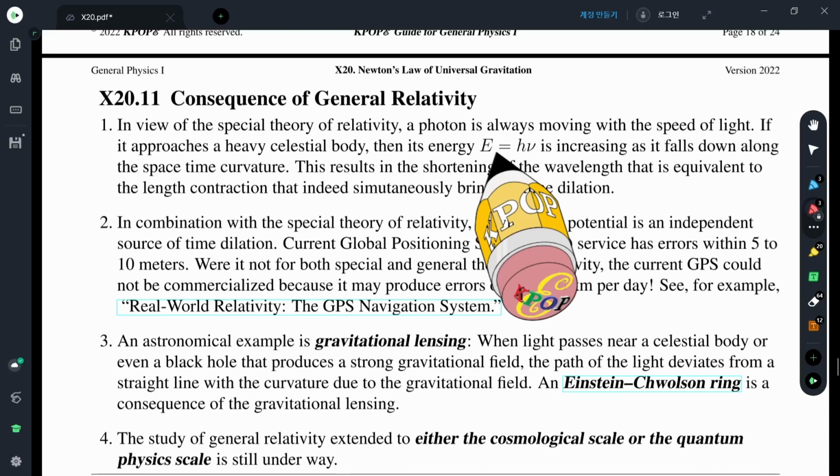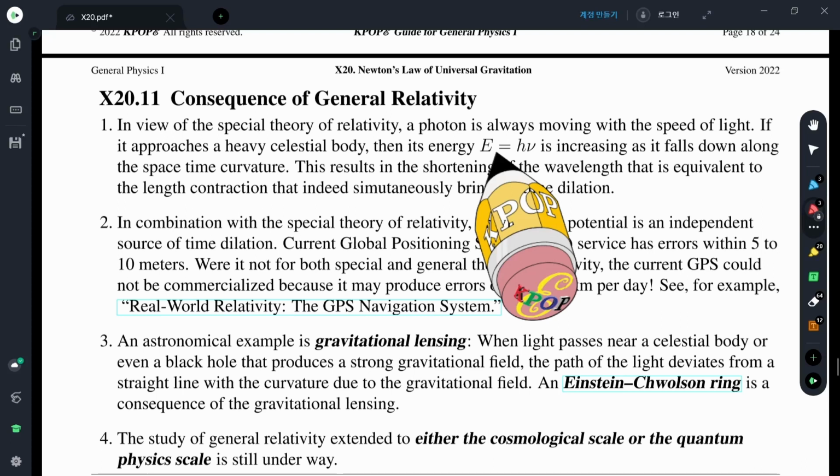Without understanding both special and general relativity, one cannot commercialize GPS, because every day the error accumulates to more than 10 kilometers per day. We have to understand relativity and apply it.